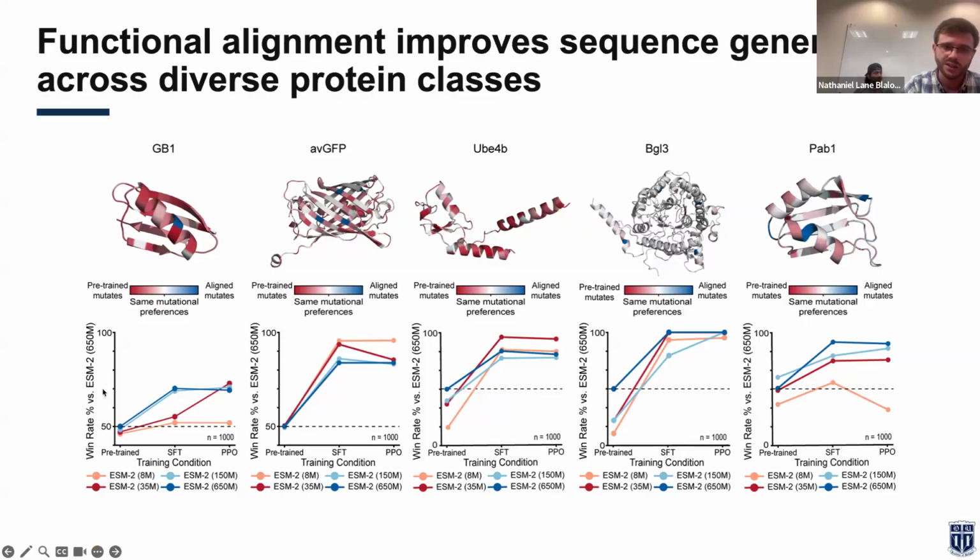In this case, it's pre-trained ESM2 650 million. And so we are really excited to see that across all of these proteins, different protein classes, different molecular functions, the win rate significantly increased after SFT and PPO in most cases, except for this one case with ESM2 8 million.